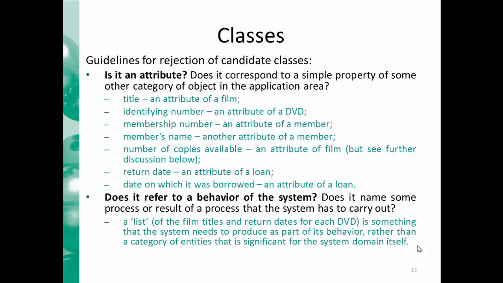If the candidate class refers to some behavior of the system, then I reject it. For example, take a list, which represents the list of film titles.